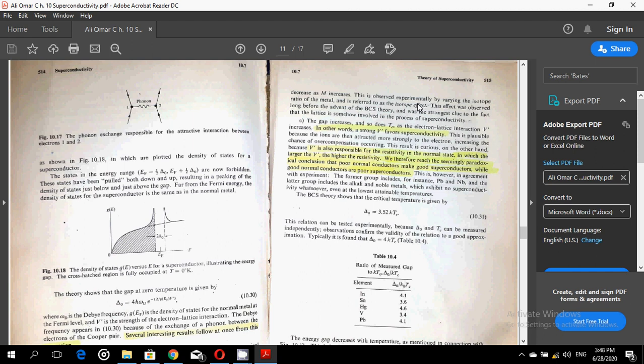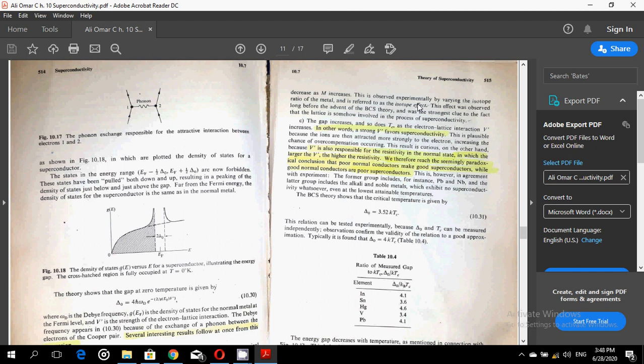So this gap exists between the energy levels EF minus half delta naught and EF plus half delta naught. Now this range is forbidden. These states have been pulled both down and up, resulting in a peaking of the density of states just below and just above the gap.